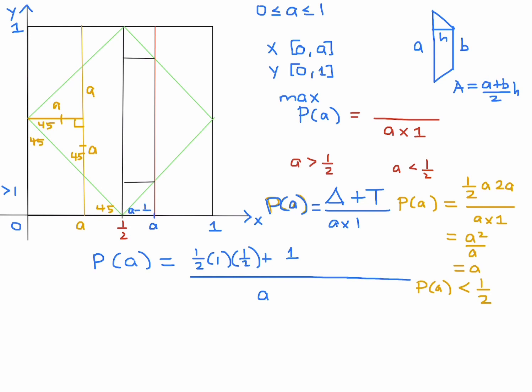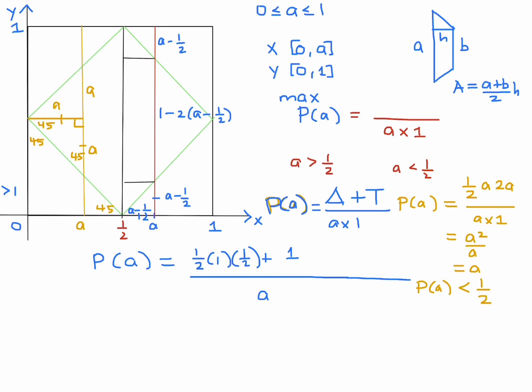Now, previously I had gone through the angles. This is 45 and this is 45. So that means this is the same as that. So this distance is also A minus 1/2. And you can do the same sort of story up there to show that that is A minus 1/2. So this distance would be the full top to bottom, which is 1, minus 2 of those, A minus 1/2.